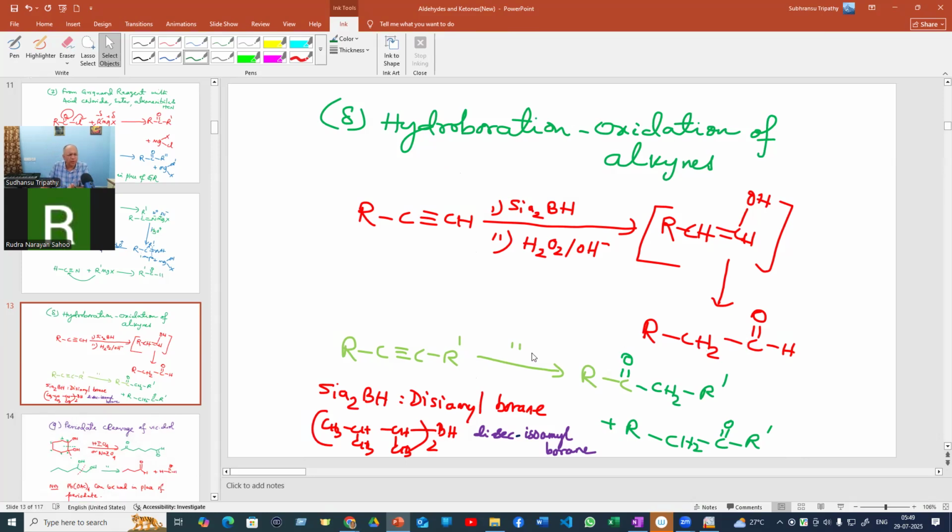For ketones, we have the mercury sulfate sulfuric acid method. That is more elegant. Why go for such a high cost disiamylborane? Why not mercury sulfate sulfuric acid? If that will give you ketone, why go for this? So terminal alkynes can give.